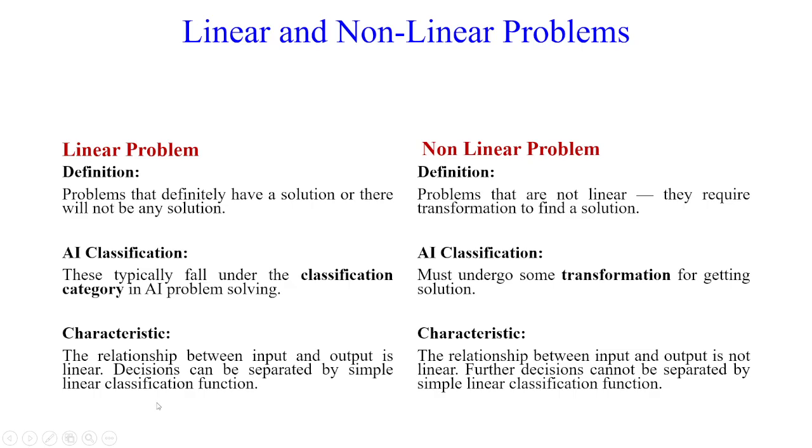So what's a non-linear problem? On the other hand, the relationship between the input and the output is non-linear. A straight line is not enough to separate it or to solve it. So these problems must undergo some form of transformation before getting a solution.